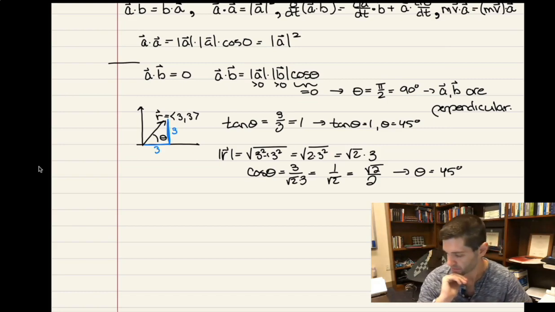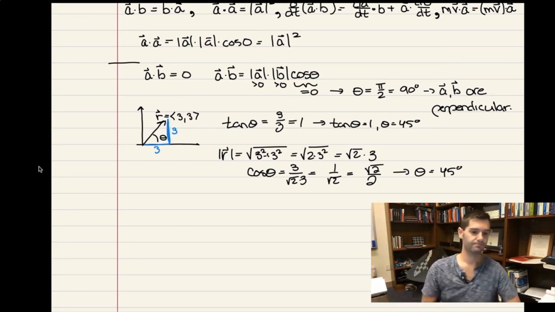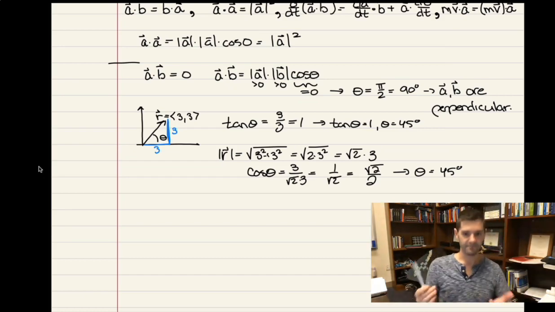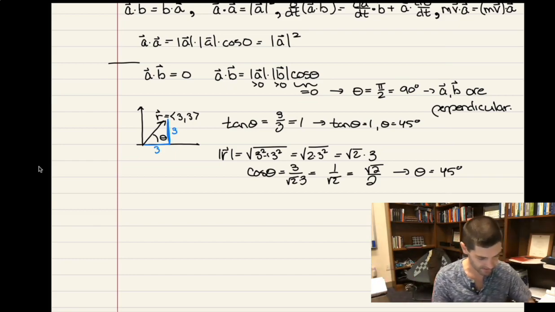Now, can we think of this in terms of the dot product? For the dot product, I need two vectors. But recall when we talked about unit vectors, we have vectors that represent the direction of the horizontal motion and the direction of the vertical motion, the IJK notation.